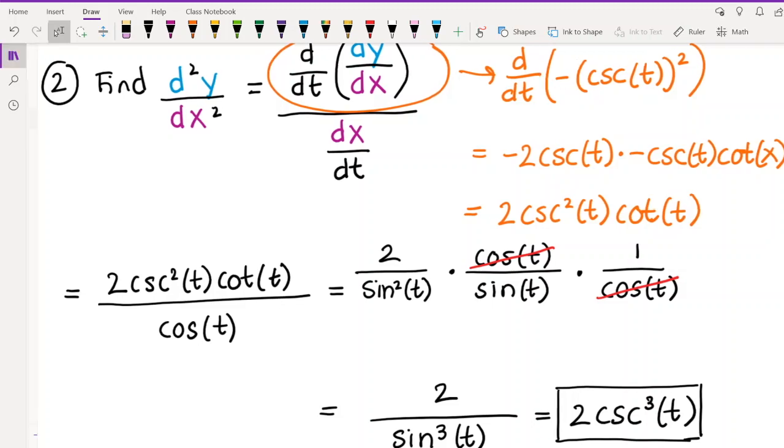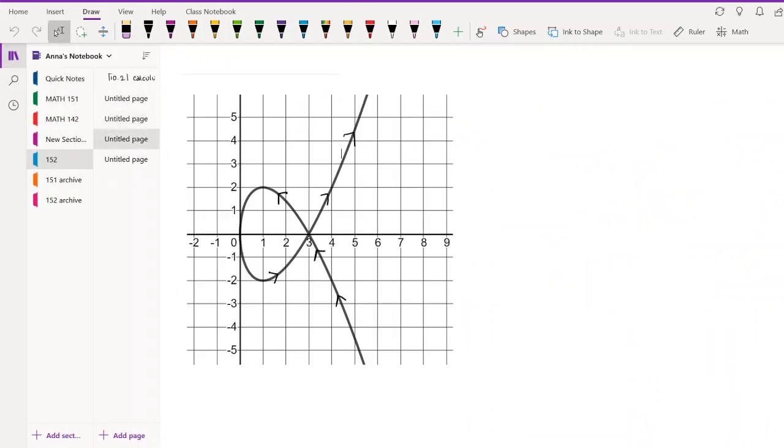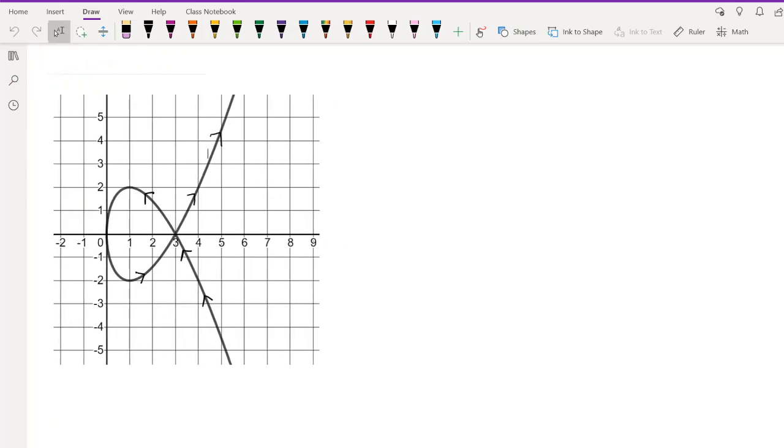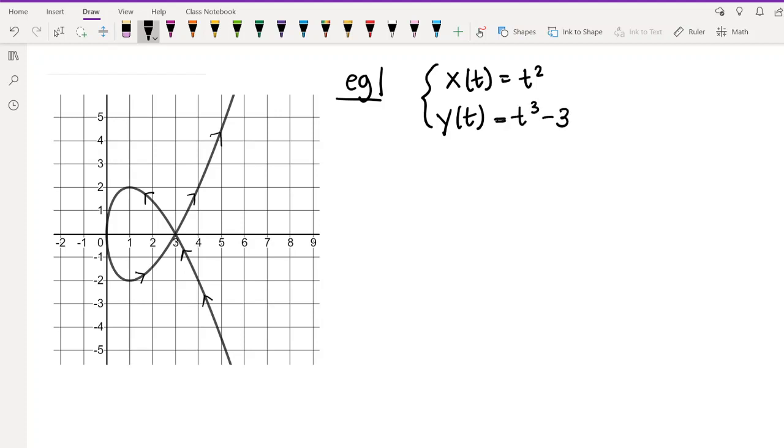Okay, there's one more example I want to look at just because I think it brings up something kind of interesting about parametric curves. So the one that we have here is x of t is equal to t squared, and y of t is equal to t cubed minus 3t.